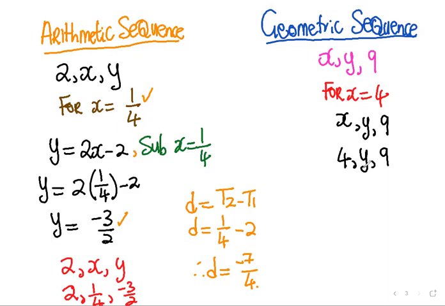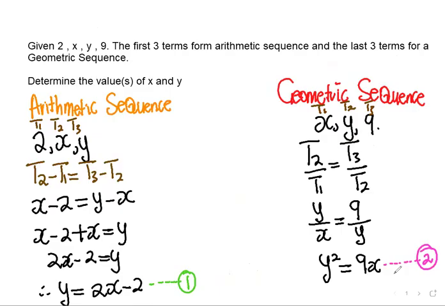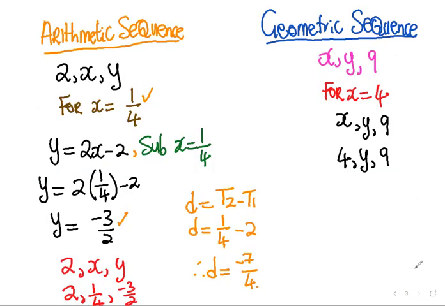Remember, for us to be able to get the value for y, we're going to use the equation for the geometry. So in this case, the equation for the geometry is going to be this one, which is y squared equals 9x. So we will say y squared equals 9x. And then what are we going to do here?